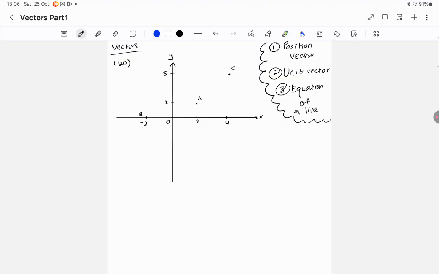For the first thing, I want you to imagine this two-dimensional plane that I've drawn out over here. And I want you to imagine as if vectors are something like coordinates. I'm pretty sure that you're familiar with what coordinates are.